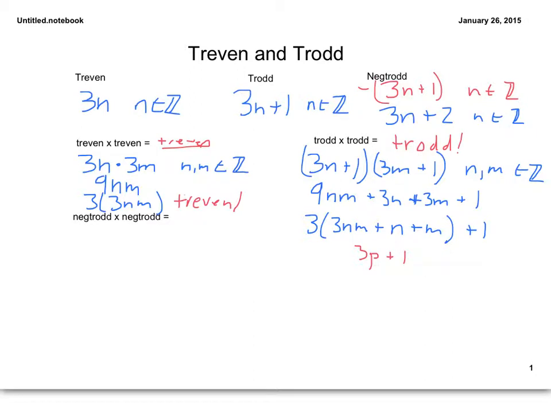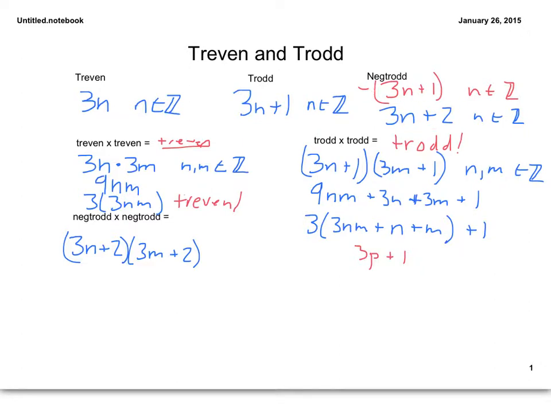Okay, last one, negtrodd times negtrodd. I don't want to take any guesses here. So far we got treven times treven is treven, trodd times trodd is trodd, negtrodd times negtrodd. Let's do it. So I'm going to use the version that's 3n plus 2 instead of the negative version. If you're really interested, you could prove that this up here is equal to this.